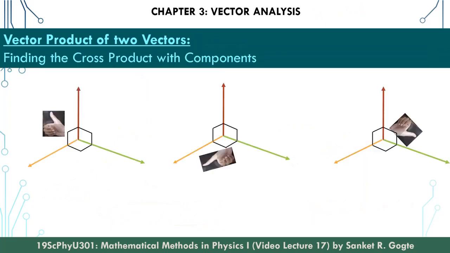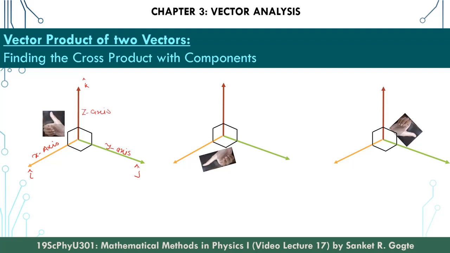Let's now see how we can write the cross product in terms of components of the two vectors. For that, let me first consider this coordinate system. This is the x-axis, and therefore this is the direction of unit vector i. This is unit vector j, and this is unit vector k. So this is the x-axis, this is the y-axis, and this is the z-axis.